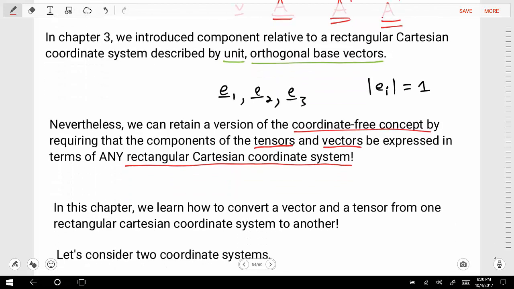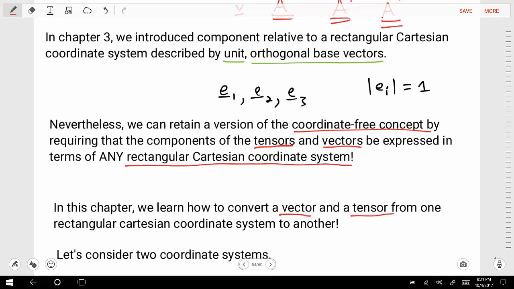So in this chapter, we're basically going to learn how to take a vector and tensor that is in one rectangular Cartesian coordinate system, and transfer it into another coordinate system.